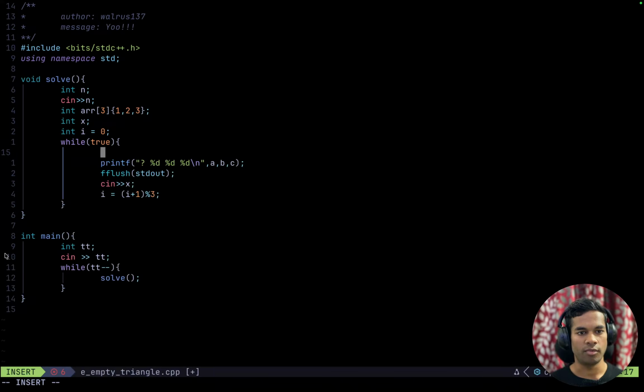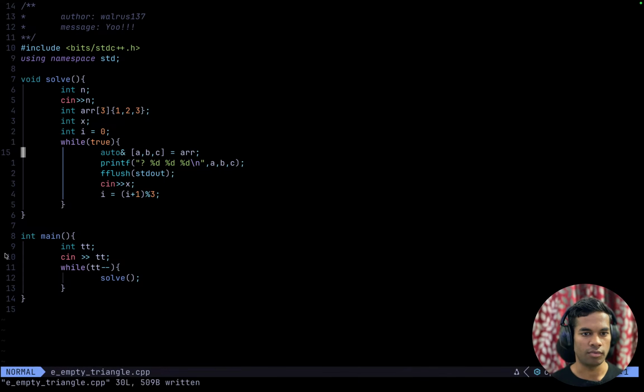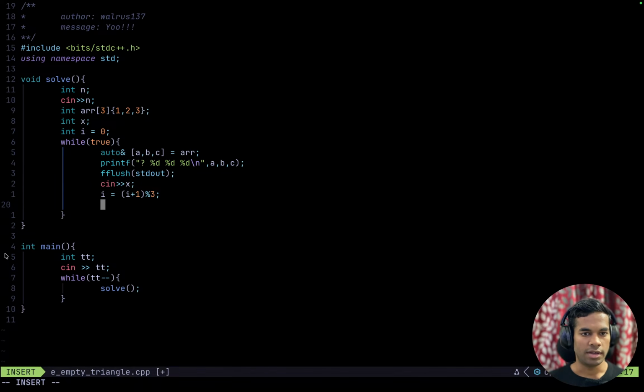And we can even, yes, we can do this: a b c equals array. Let's make this a reference so that we can use them as a b c and also through the array. After getting this, we will update array i to be equal to f.